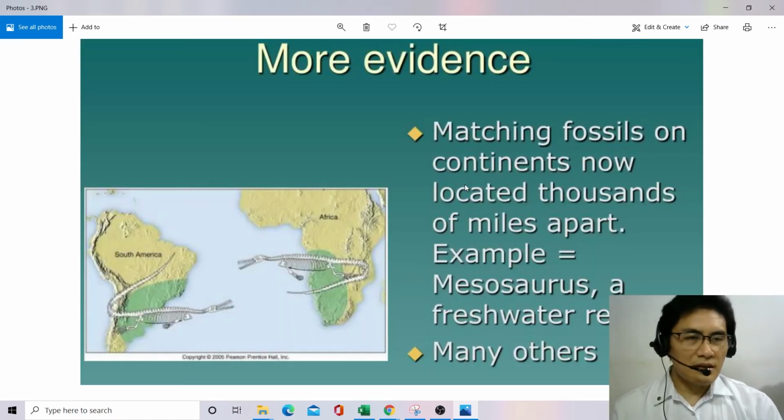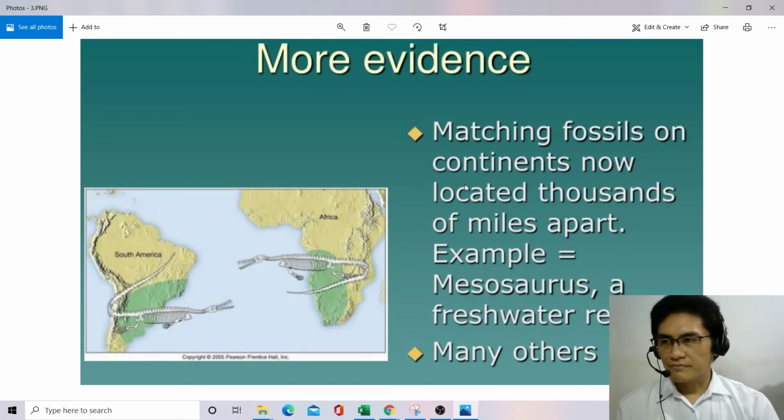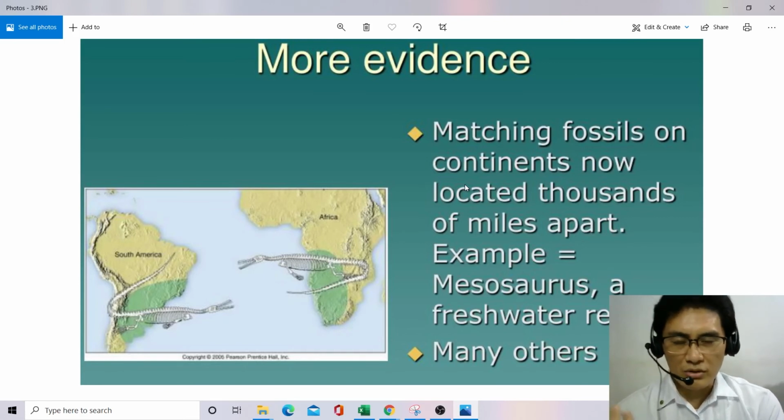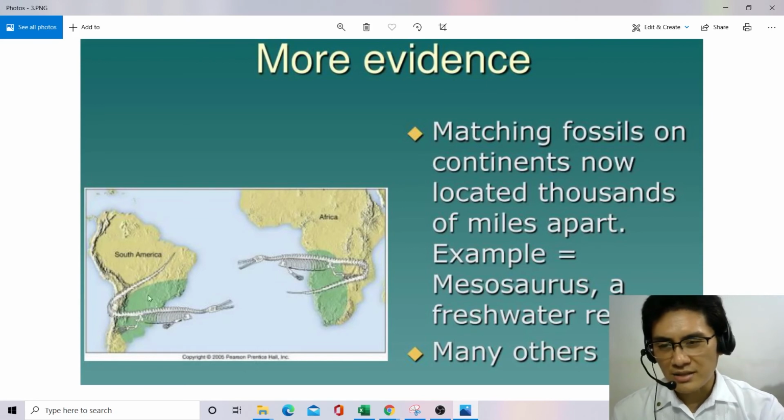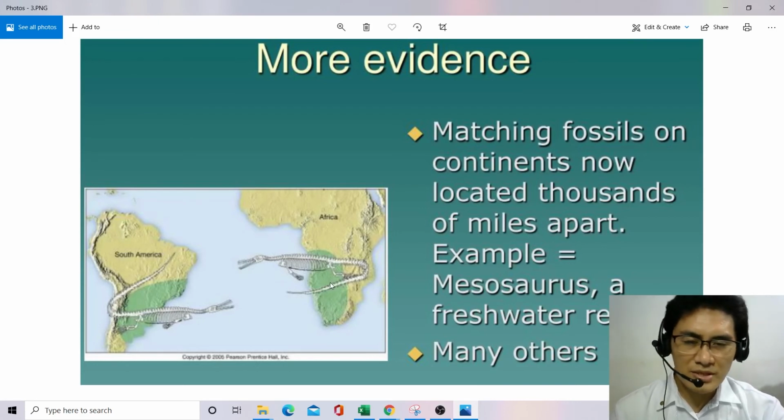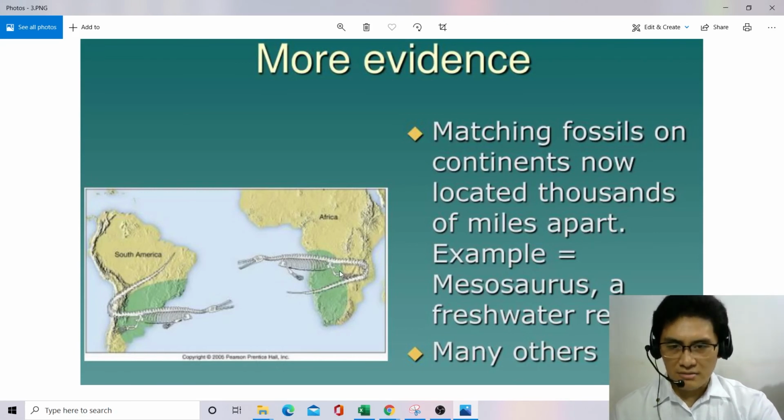The second evidence he presented in order to prove his point was fossils. For example, at the southern tip of South America, you find a fossil that we call Mesosaurus. And on the tip of Africa, you also find a similar fossil of Mesosaurus.